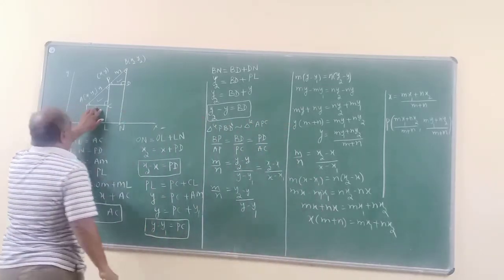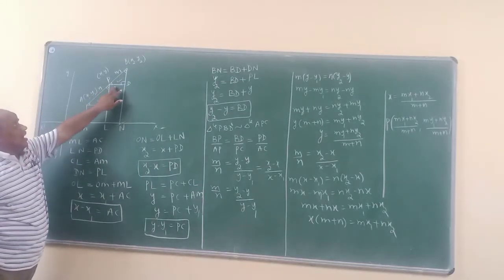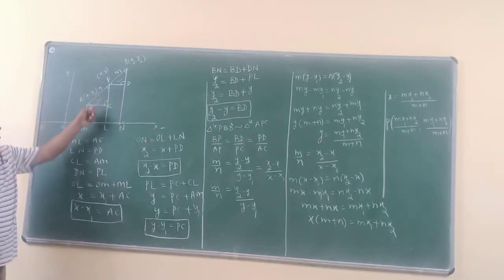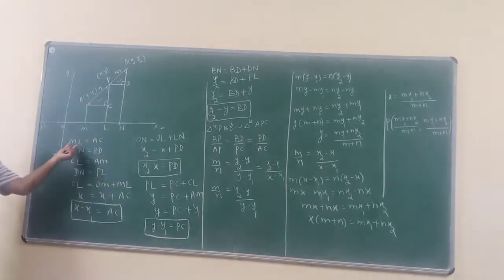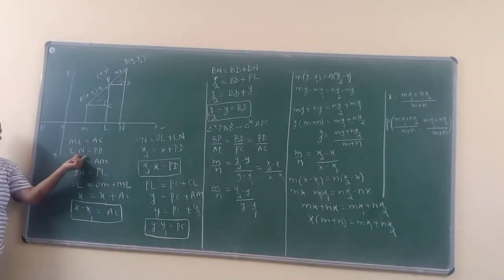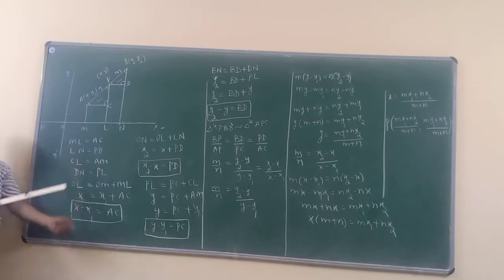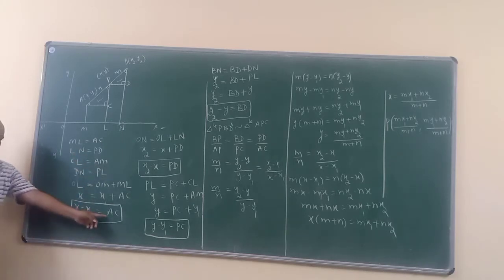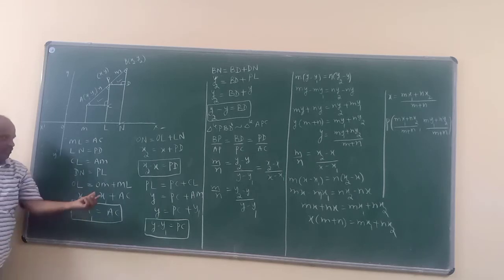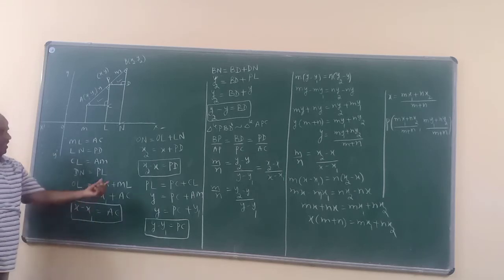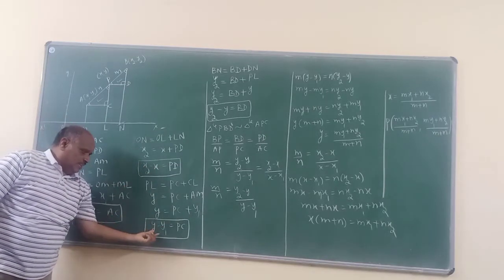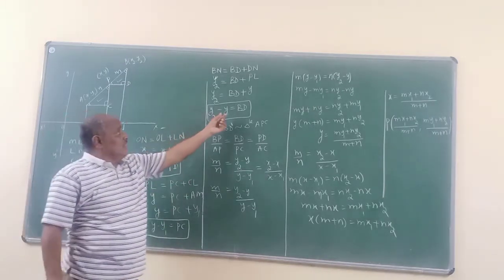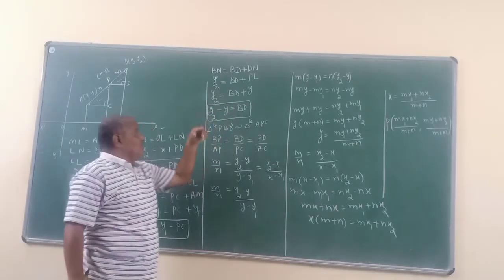Also draw AC and PD perpendicular to PN as well as BN respectively, such that MN is equal to AC, LN is equal to PD, CN is equal to AL, DN is equal to PN. How do you get AC? x minus x1 is the value of AC. PD is x2 minus x. PC is y minus y1. BD is y2 minus y.